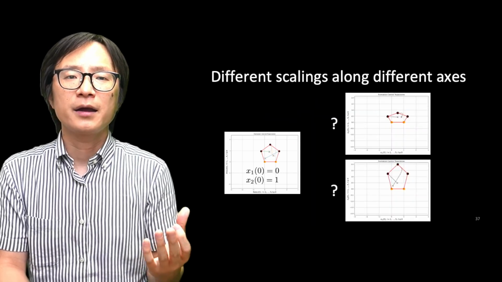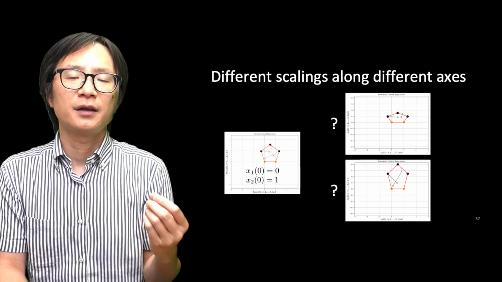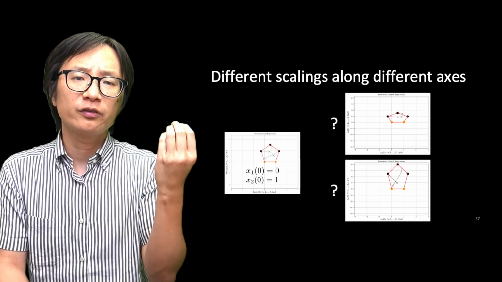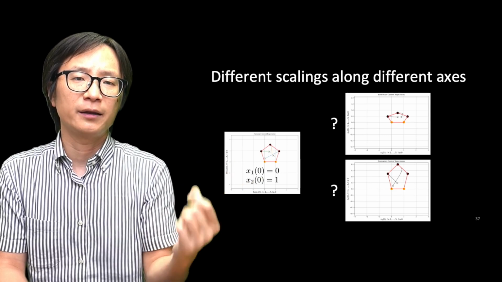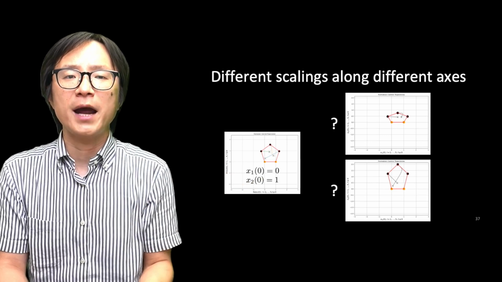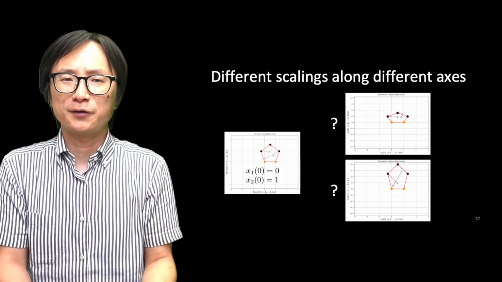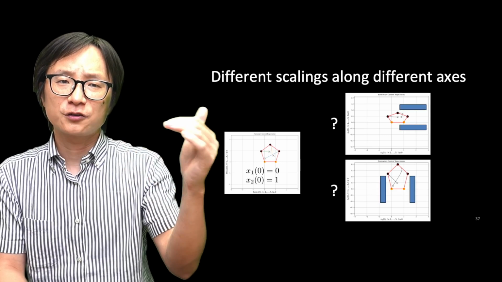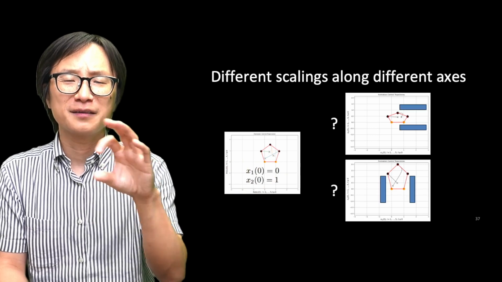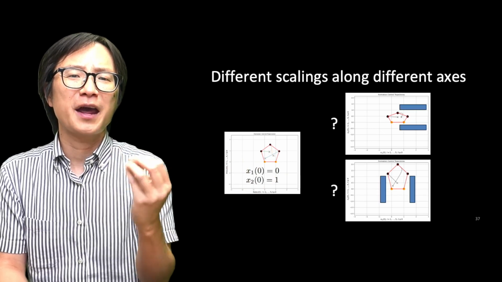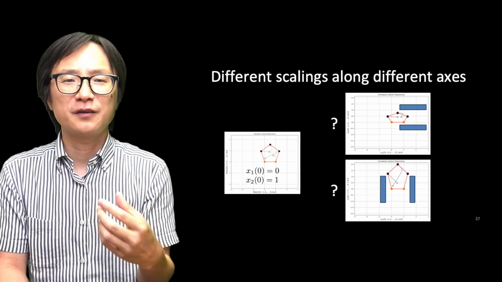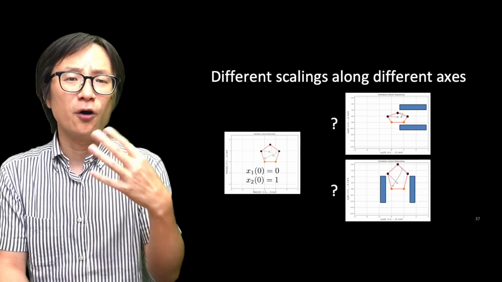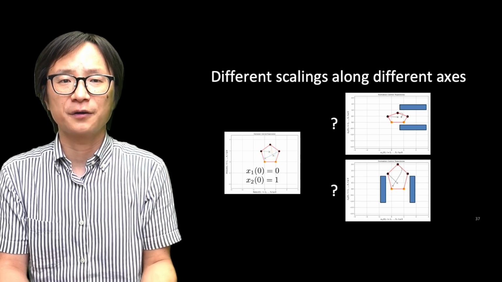Talking about scaling, can we do such scalings? Namely, can we scale the whole formation with different ratios along different axes as displayed on the two graphs on the right? Well, why we might want to do such thing? Well, in the environment, there might be such obstacles that create a tunnel, and being able to scale the formation with different ratios on different axes can enable us to efficiently navigate the whole formation through such tunnels created by obstacles.